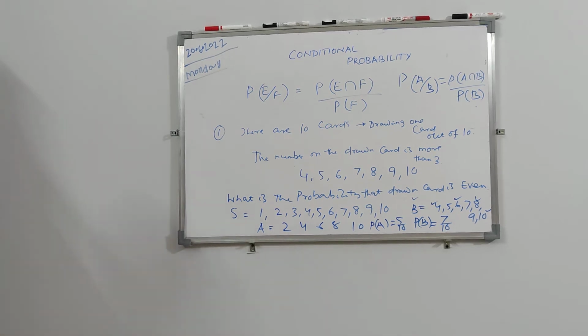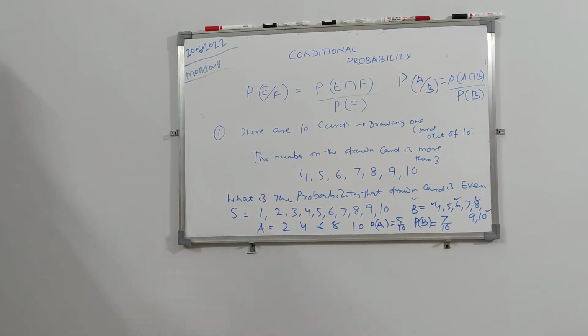Now the question is, what is the probability of A given B? That means B has already occurred. So it will be an even number, but it has to be more than 3. So first B has already occurred. If B has already occurred, what is the probability that it is even?